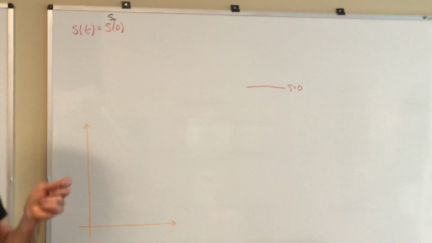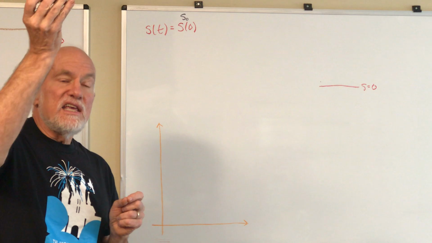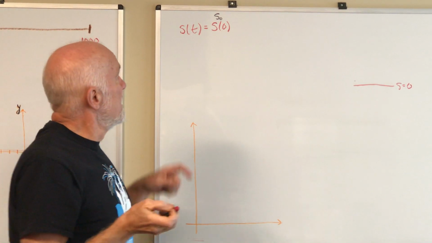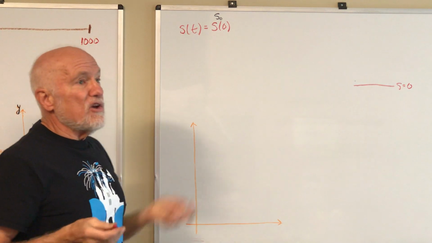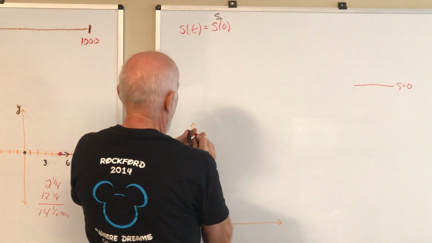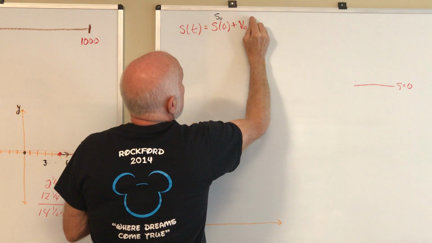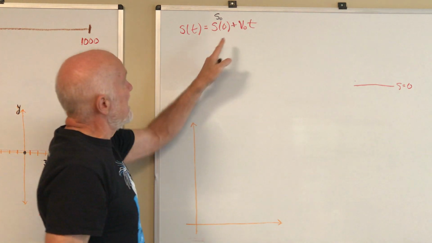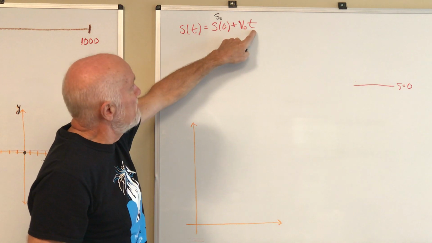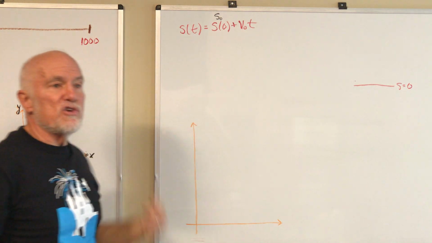Well, if it's not just dropped, if you're throwing it, it's whatever velocity your arm has at the time you let it go. So that's called the initial velocity, v sub 0 times t. So if you take so many feet per second and multiply it by seconds, that's going to give you the change in position during that time.